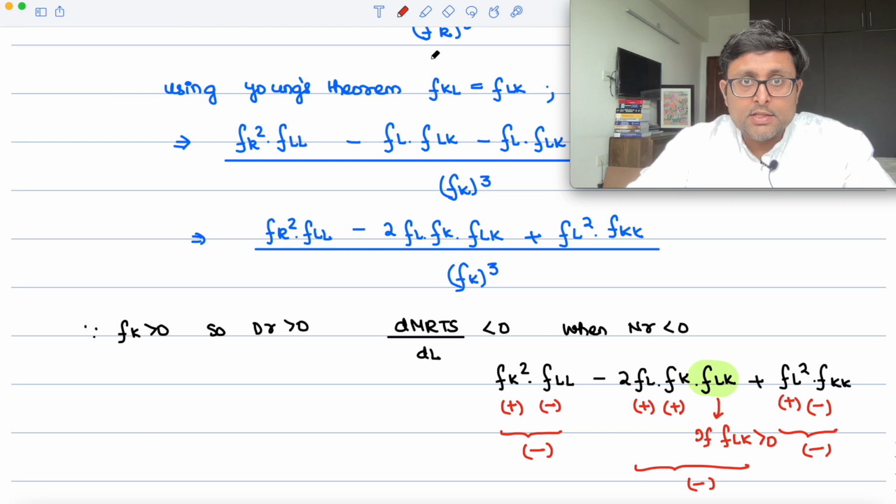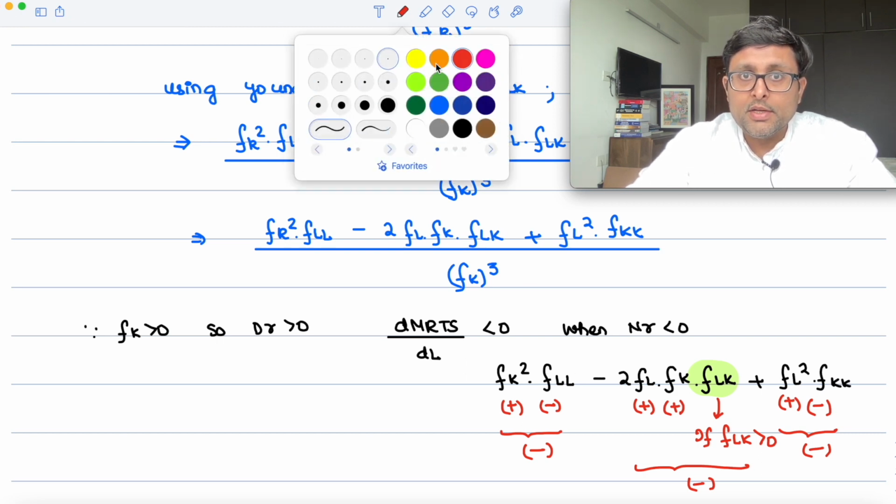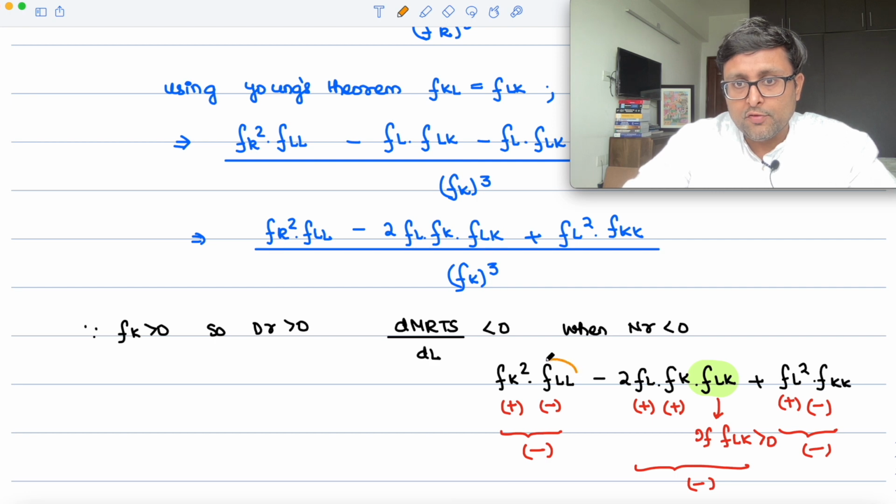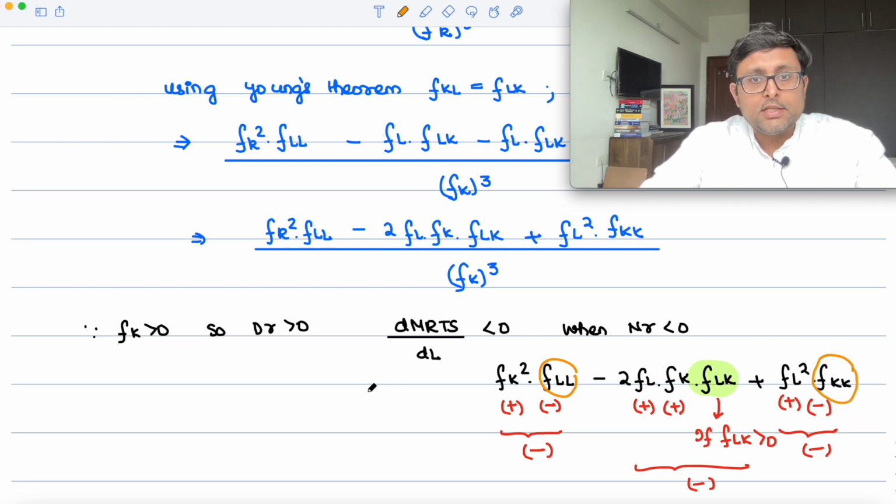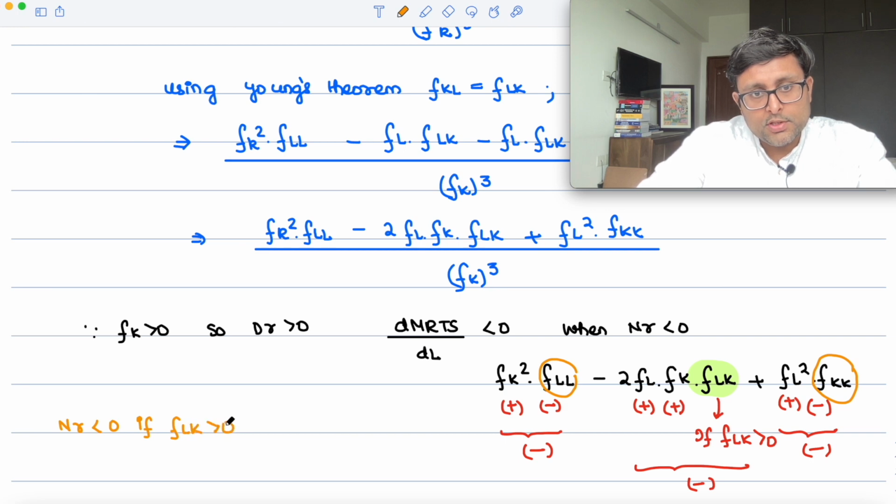Just by assuming diminishing marginal productivity of labor, FLL negative, and diminishing marginal productivity of capital, FKK negative, you can't say that MRTS is falling. You also need an extra assumption that FLK is positive. FLK positive means cooperative factors. So the numerator will be negative if FLK is positive, meaning the factors are cooperative.